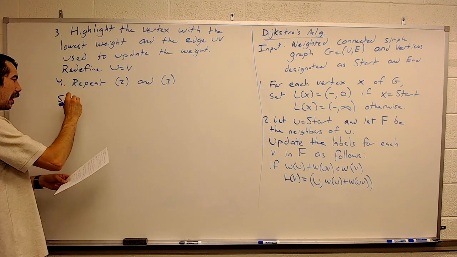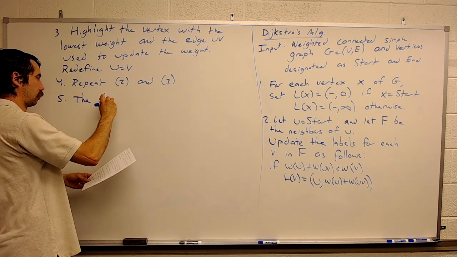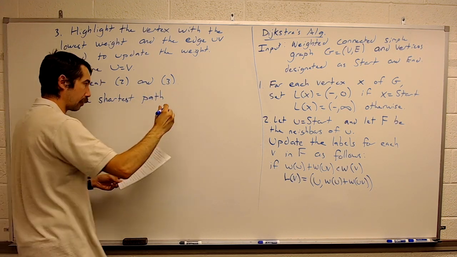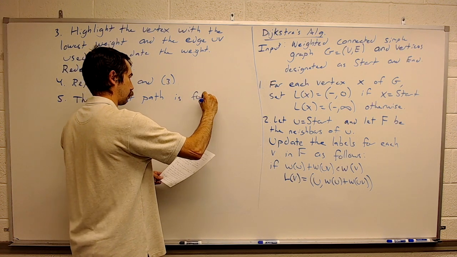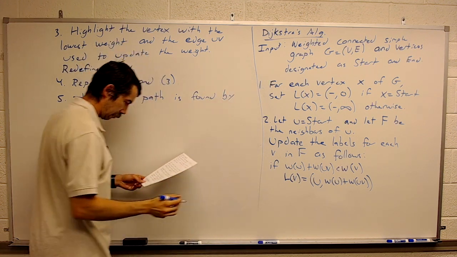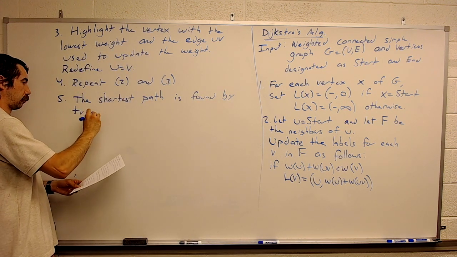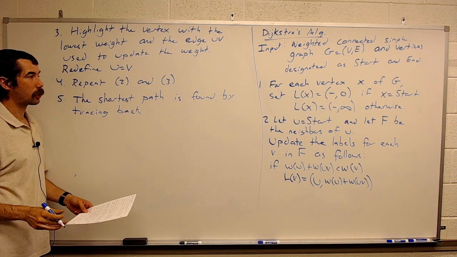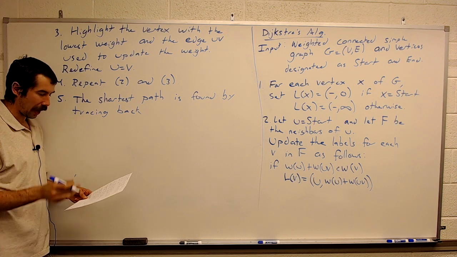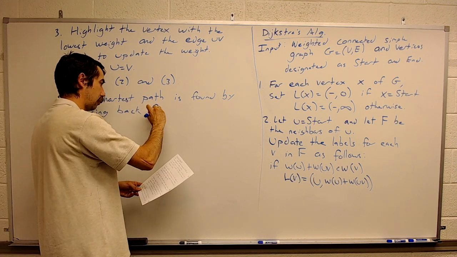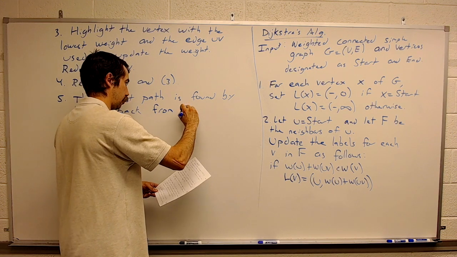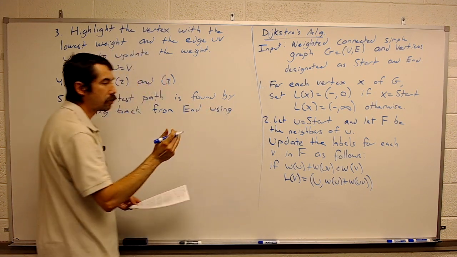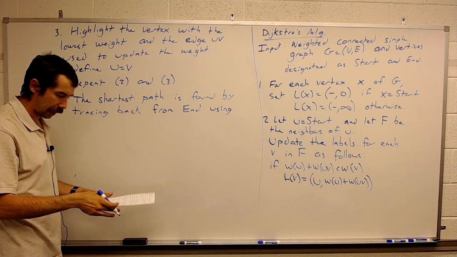Okay, so the shortest path is found by tracing back from end using the first component of the label.